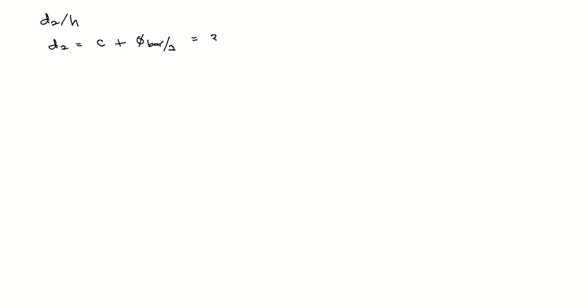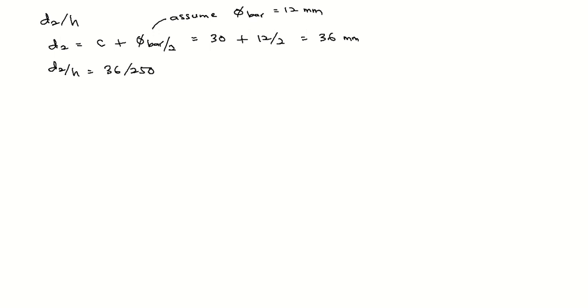So how much? 30 plus 12 over 2 equals 36 mm. Assume diameter of bar equals 12 mm. Now let's calculate the ratio D2 over H. So D2 over H is equal to 36 over 250. We will get 0.144.